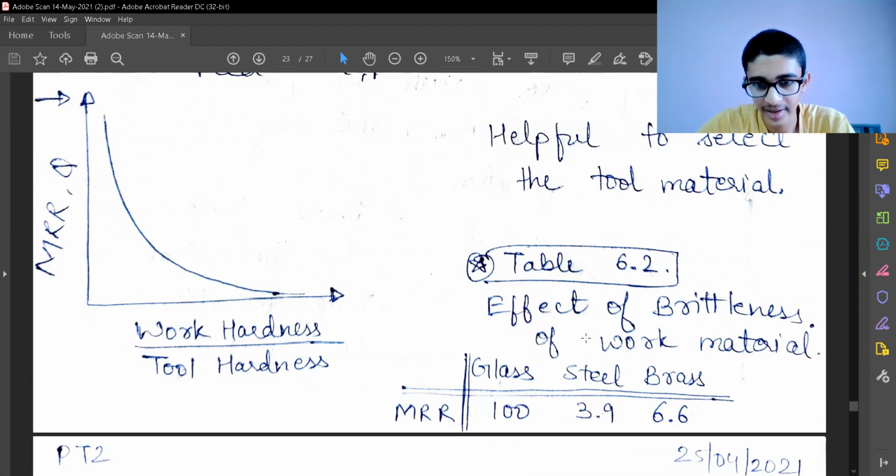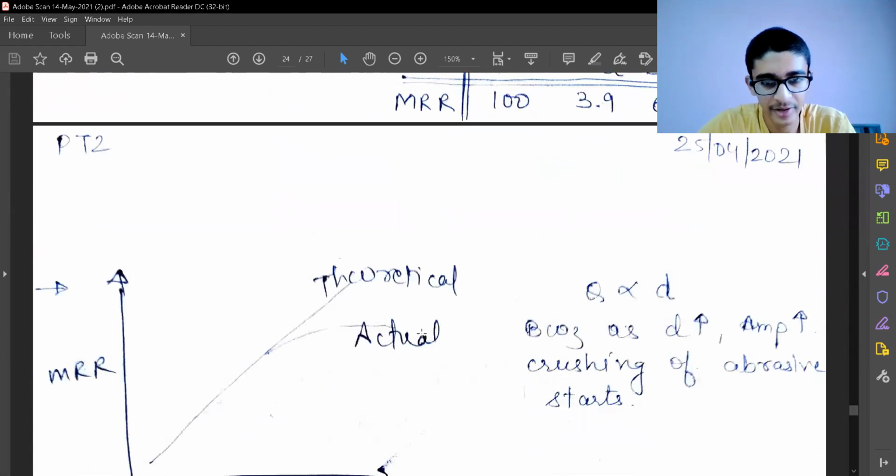So you can see there is a large change in the brittleness, and there is a large change in material removal. The steel is less brittle, so the material removal rate has significantly reduced. The brass is also much less brittle. These are metals, sometimes alloys, but they are less brittle. So the material removal rate has significantly reduced by a factor of tens directly. The magnitude is directly reducing.